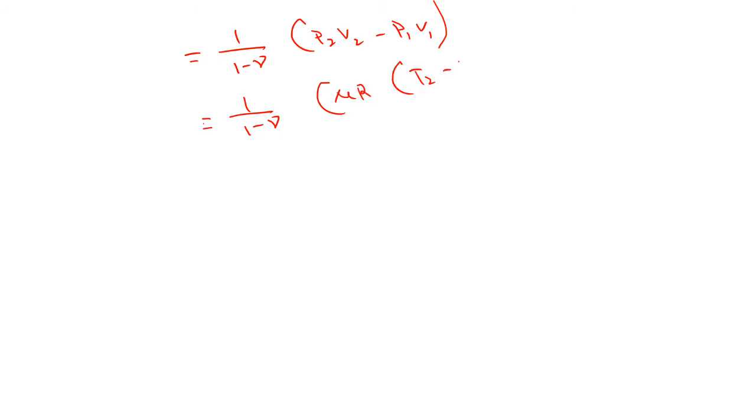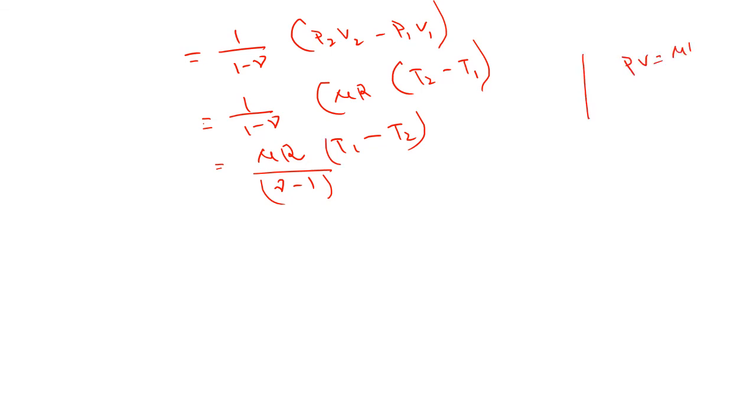Now in the next we can write 1 minus gamma times P2 V2 minus P1 V1, then 1 over 1 minus gamma times mu R T2 minus T1, and we can also write mu R over gamma minus 1 times T1 minus T2. So how do we get this value? We know that PV equals mu RT.